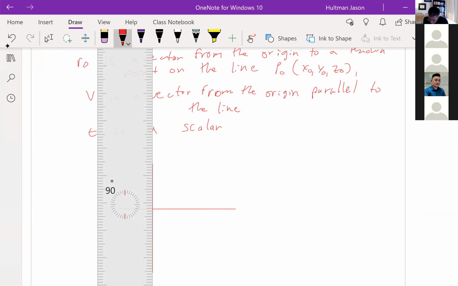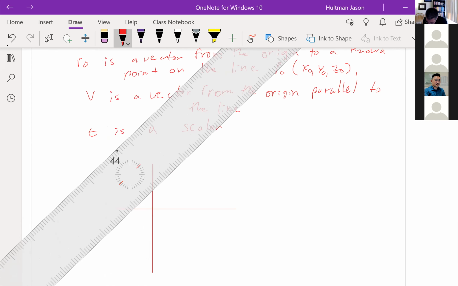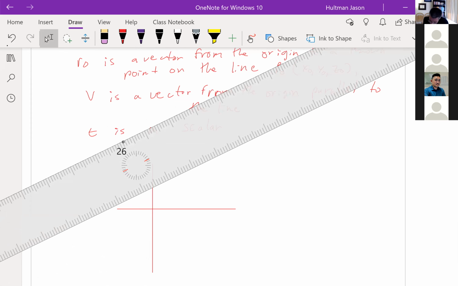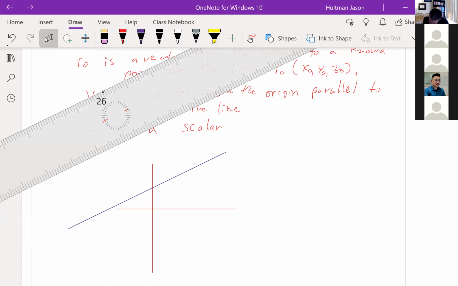Okay, and I'm gonna just draw a line, kind of our random line here. Maybe I'll put that in purple. Okay, there's my line, and I want the equation of the line. Now this, again, is in 3 space.